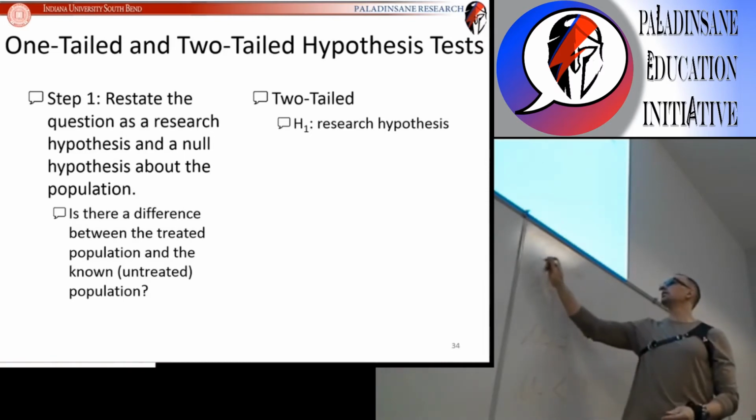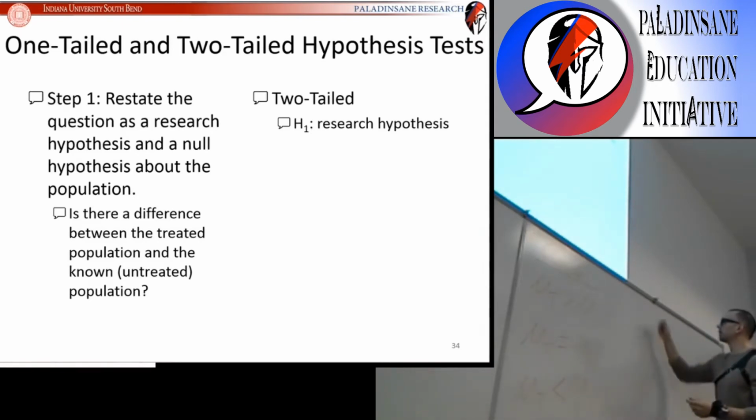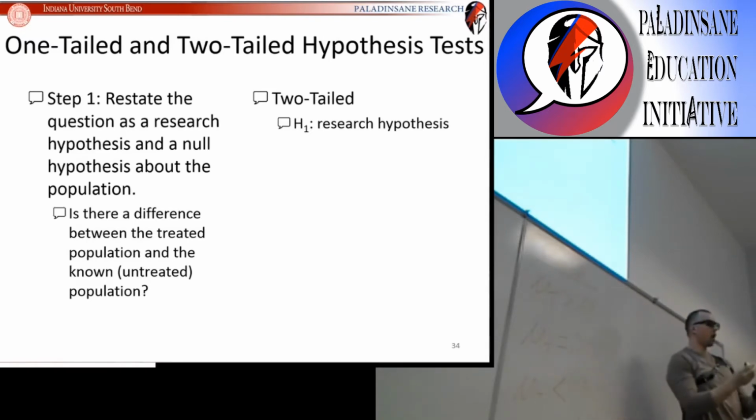So what we need to do is we need hypotheses that cover each of those possibilities. We need hypotheses here that will cover all three possibilities, and we only have two hypotheses to cover all three. So what have we done so far? In the two-tailed version of this, we had a research hypothesis and a null hypothesis.